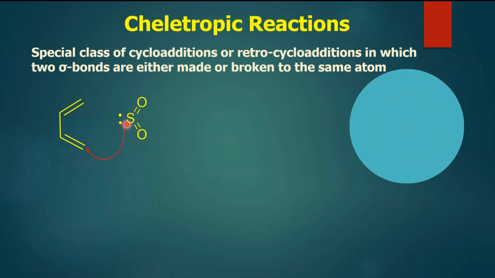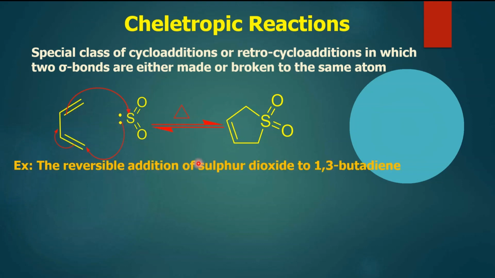Here, this lone pair of electrons forms a bond with the carbon of the diene, and the pi electrons move to the next position, and the pi electrons in the next position get converted towards the sulfur. The two sigma bonds are formed with the rearrangement of the pi electrons which are conjugated with each other, and the lone pair of electrons on the sulfur has disappeared.